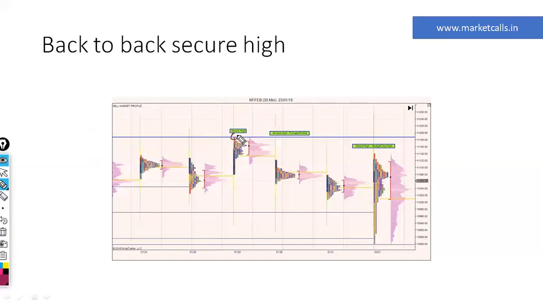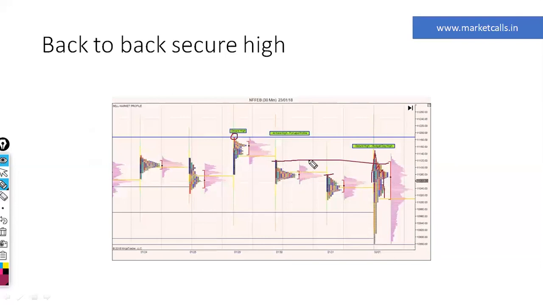I marked that. And then two trading days, you see nothing happened. It was a completely balancing structure. And on another day, you see that this two-day high has been broken. There was a failure. This is on a long-term capital gain day, right?